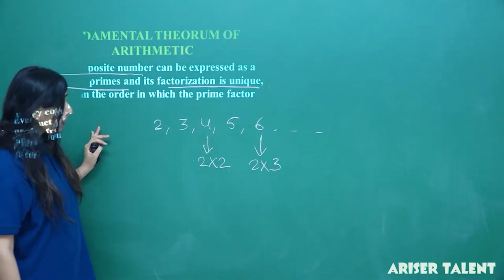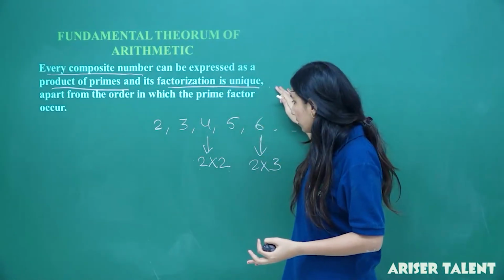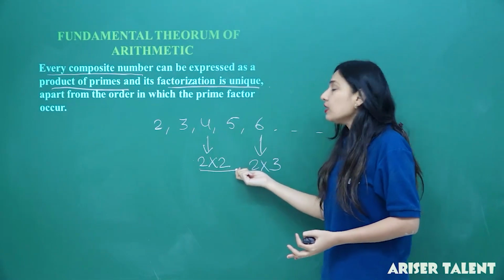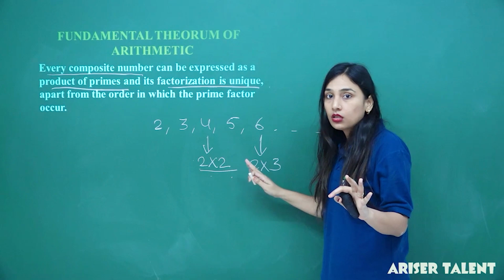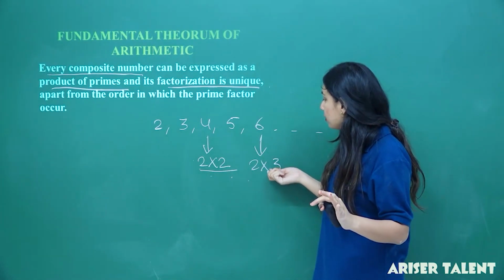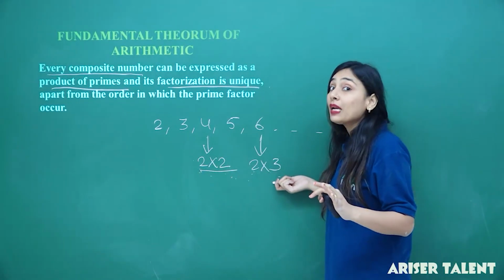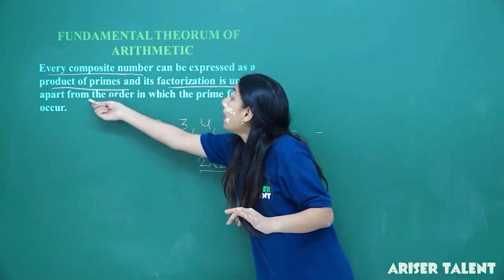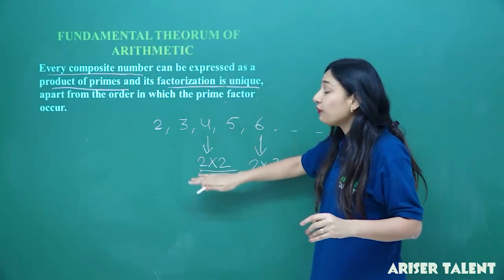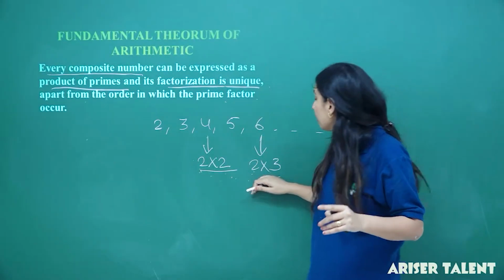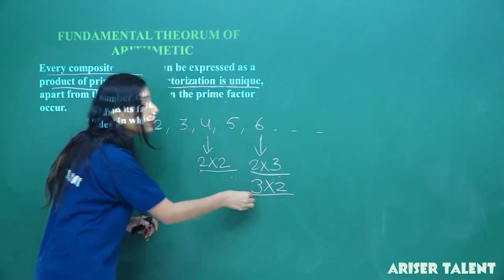Okay, now factorization unique, its factorization is unique. Now this factorization 2 multiplied by 2 is unique. And this one is 2 multiplied by 3. Apart from the order in which the prime factors occur. Now it's saying that factorization is unique. It doesn't mean that you will say it is 2 by 3, I can also write it like 3 by 2.